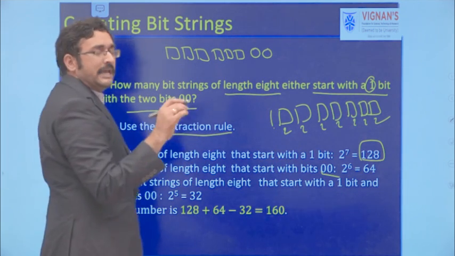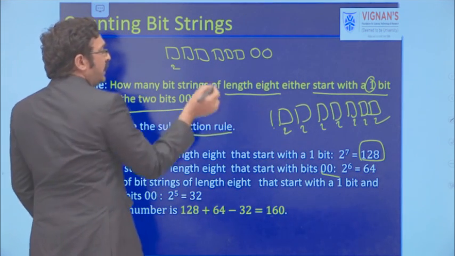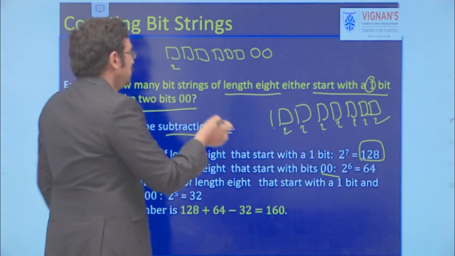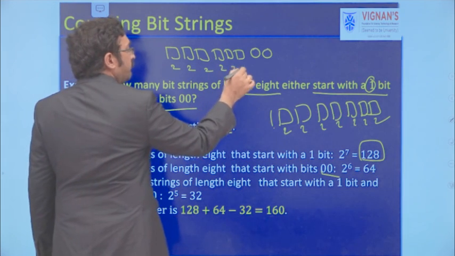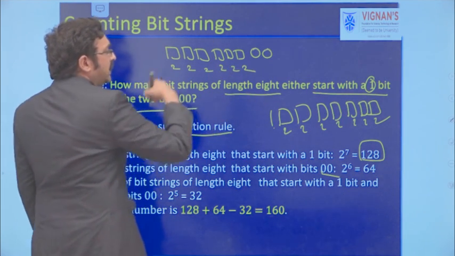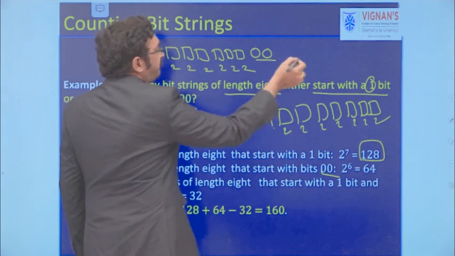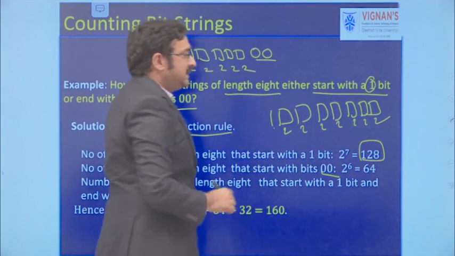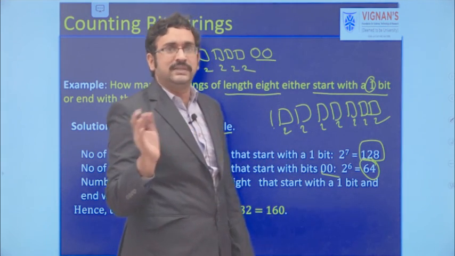The first bit can be either 1 or 0, so we have 2 options. The second bit also can be either 0 or 1, so also two options, and likewise the third, fourth, fifth and sixth. So 2 power 6 options are there, and the last two are fixed. So there are 64 possible strings that end with 2 consecutive zeros.